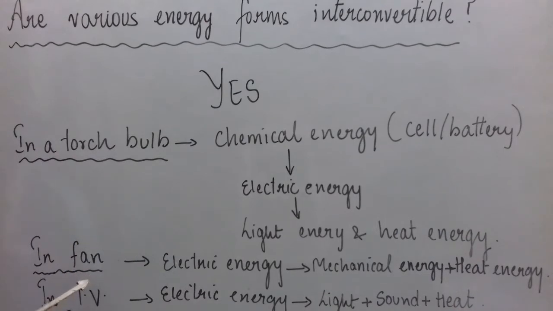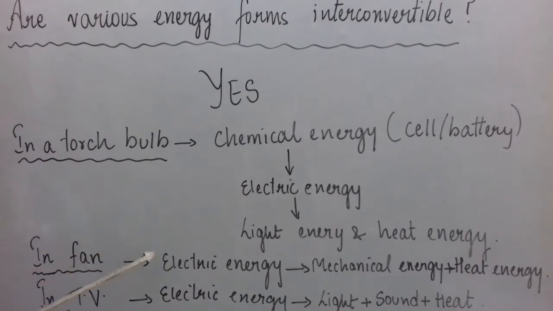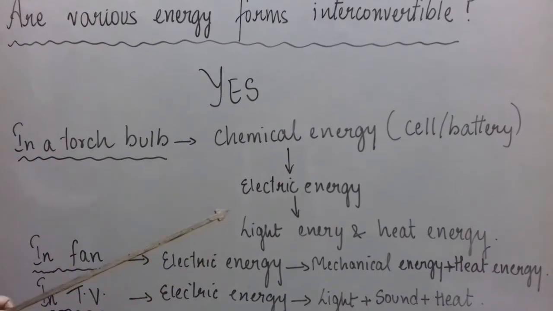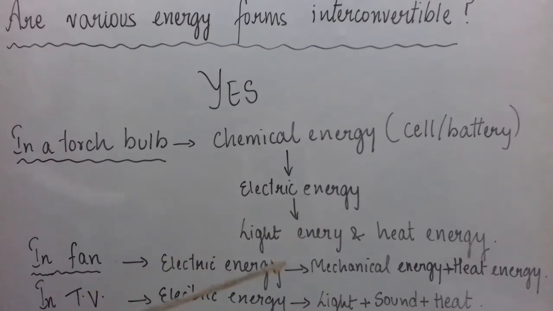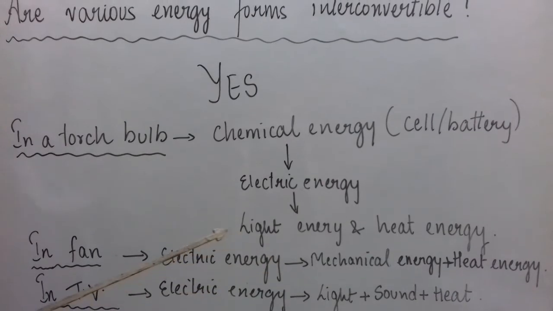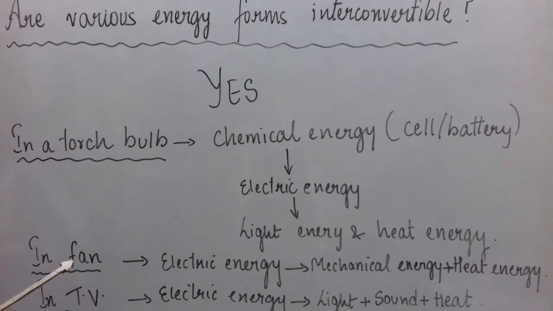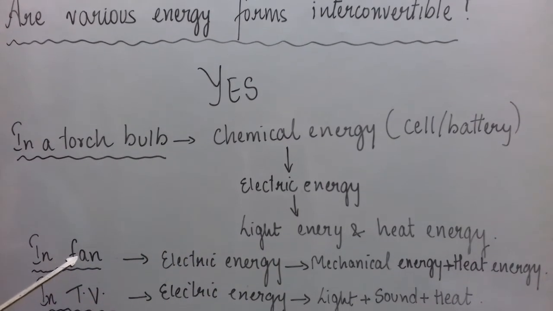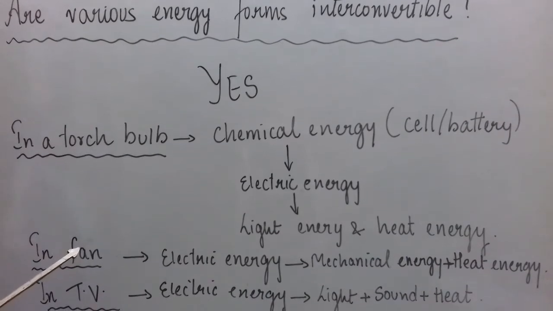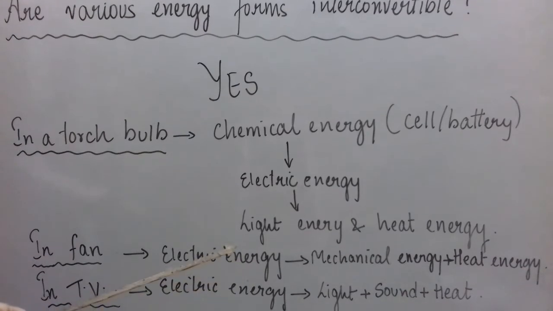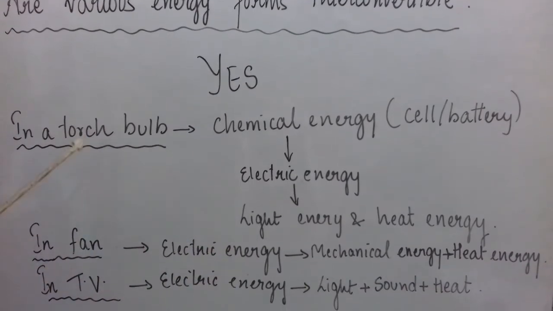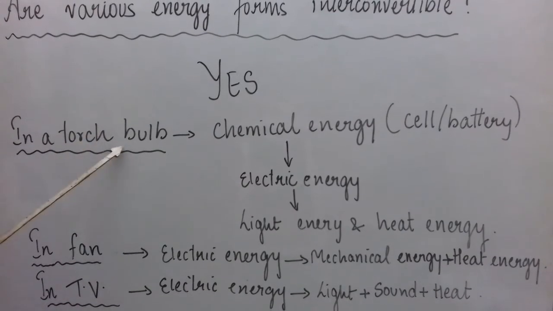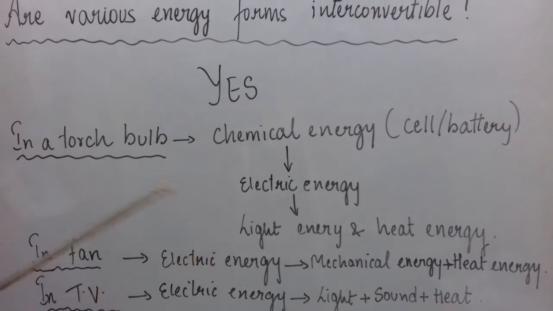So in a fan, electric energy gets converted into kinetic energy or mechanical energy, plus heat energy. If the fan is kept on for some time and you touch it, it will become hot. It means heat energy is also produced, although remember, it is not desirable here. Similarly, it is not desirable in a torch bulb also, but it is produced.